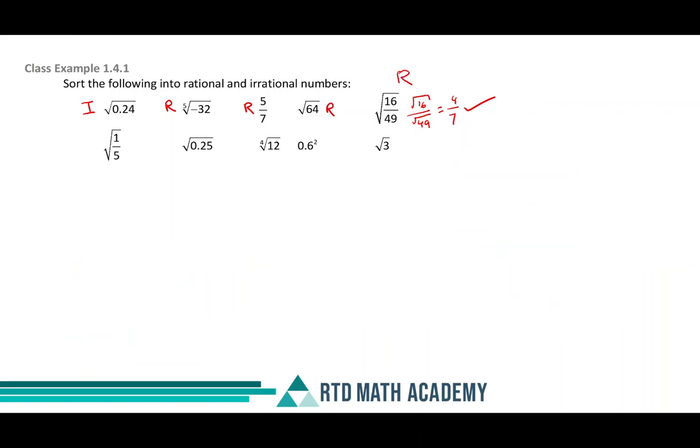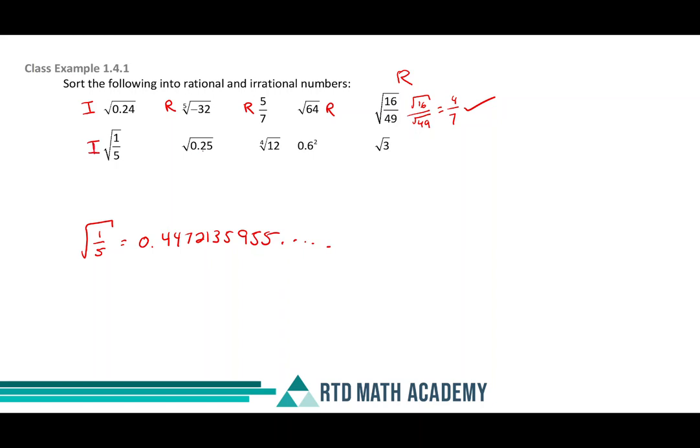All right, let's take a look at the square root of 1/5. If I put the square root of 1/5 into my calculator, I get 0.4472135955. This is a non-terminating, non-repeating decimal, so therefore it is an irrational number.